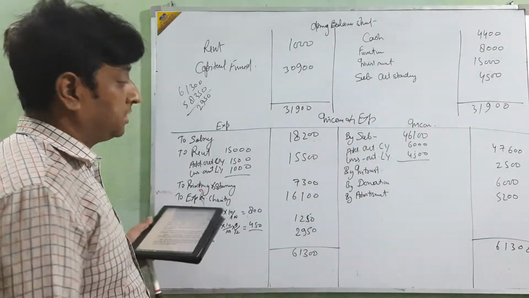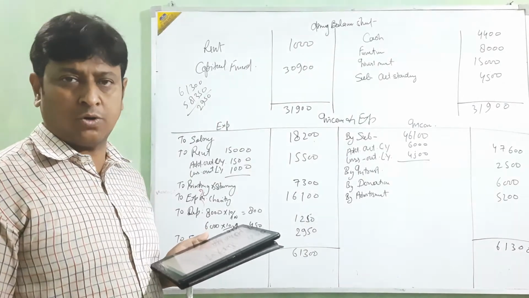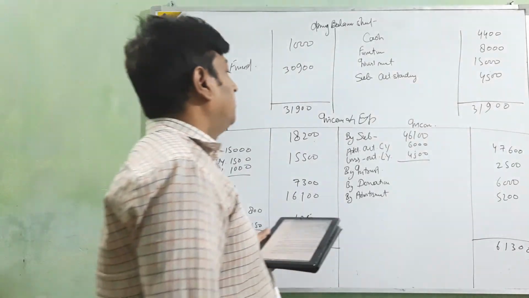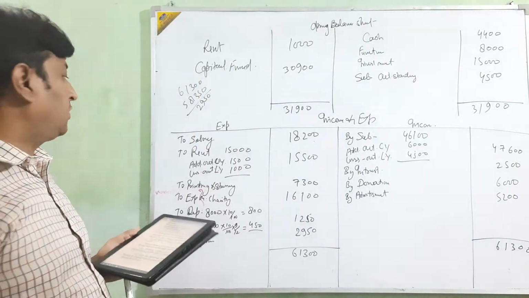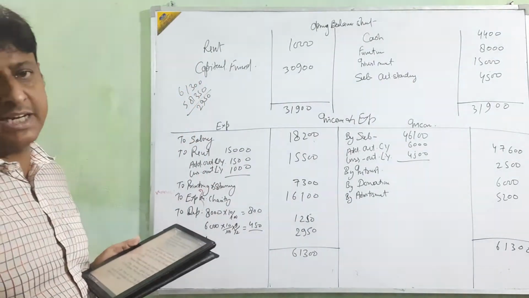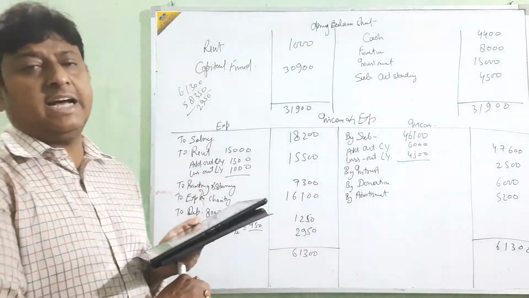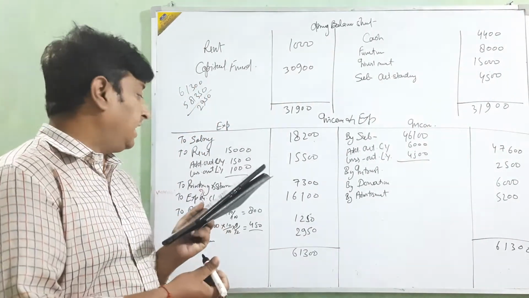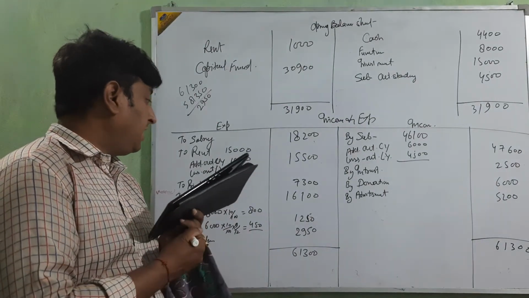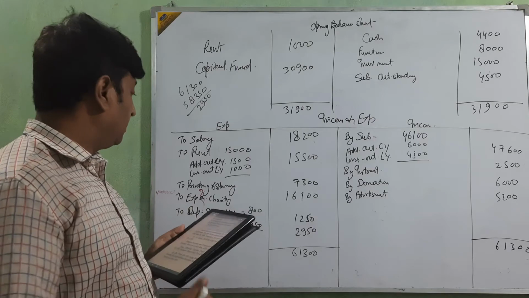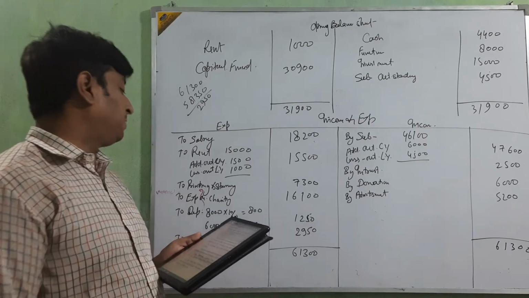How are we going to solve this question? Clear, beta? No. Again, see. First, salary 18,200, then rent 15,000, add 1,500 current year outstanding, less 1,000 last year outstanding, then printing and stationery, then expense on charity, then depreciation.